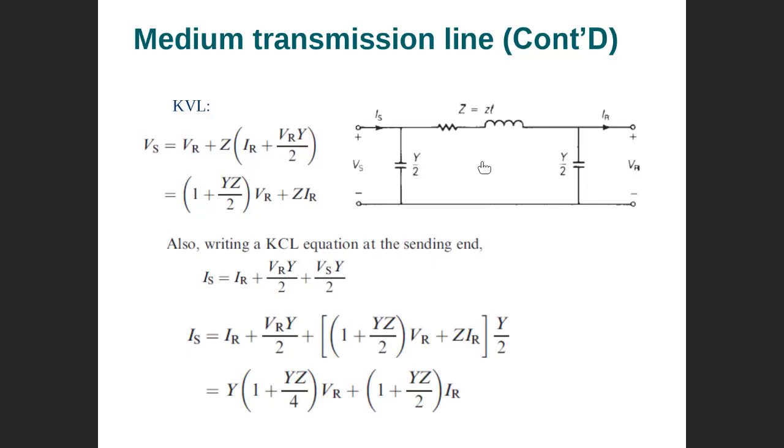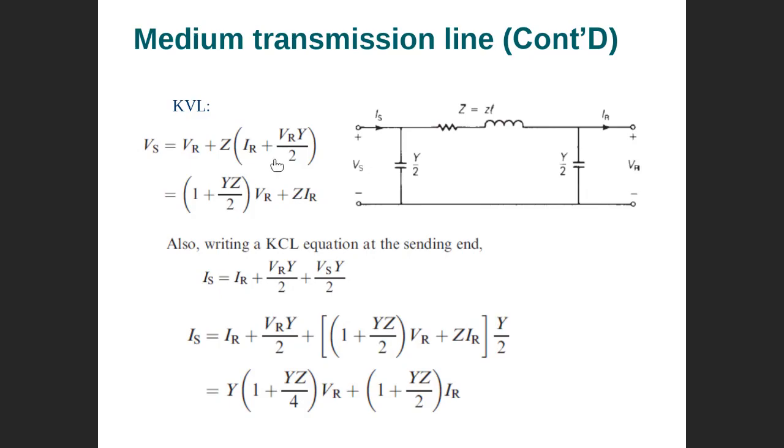Okay, so here is also the same thing. Here we want to relate the KVL, the sending end with the receiving end. Then we can relate them this way: Vs equals Vr plus Z times this one. This is KVL. So this is the equation of the V sending and V receiving.